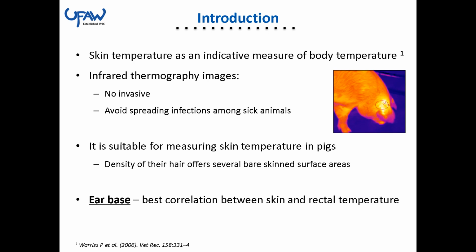It has advantage over other methods as it is not invasive and avoids spreading infections among sick animals. Infrared thermography images are suitable for measuring skin temperature in pigs, as the density of the hairs offers several bare skinned surface areas, especially at the ear base.